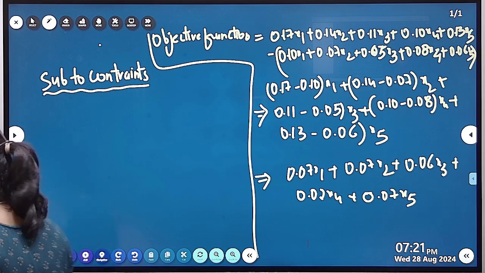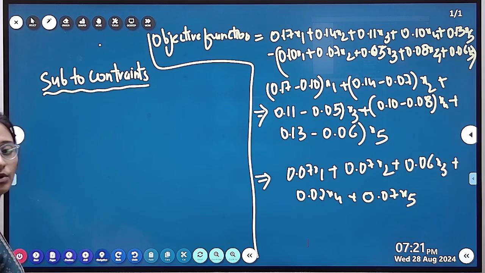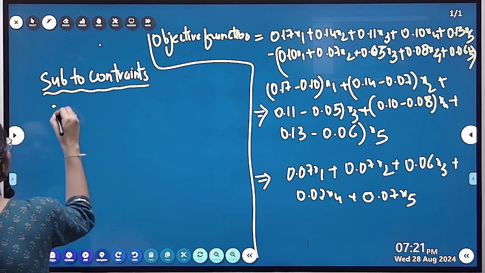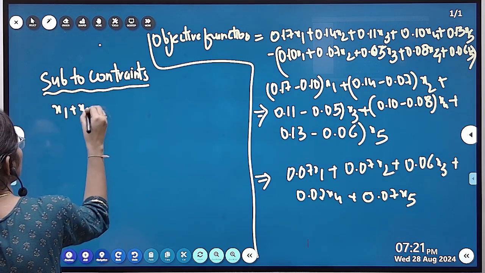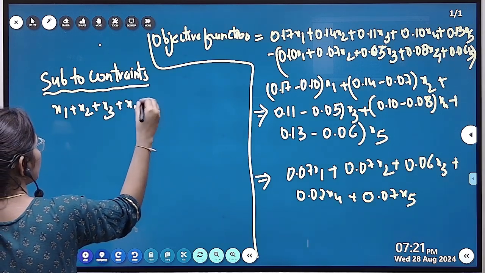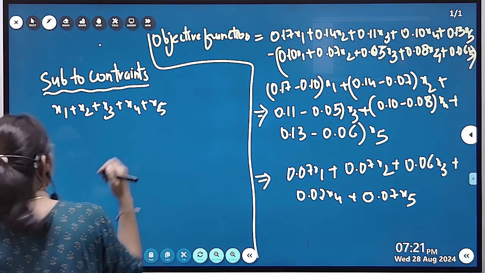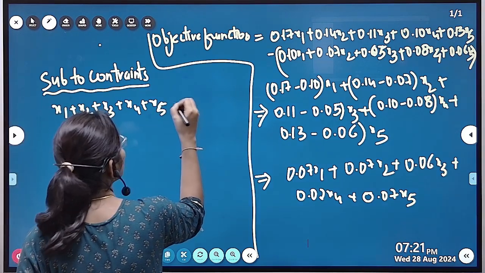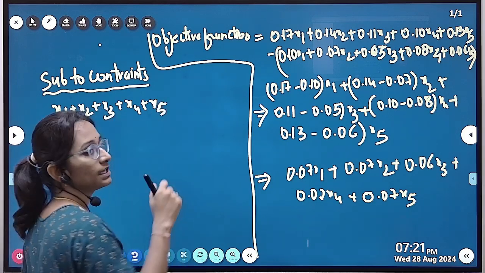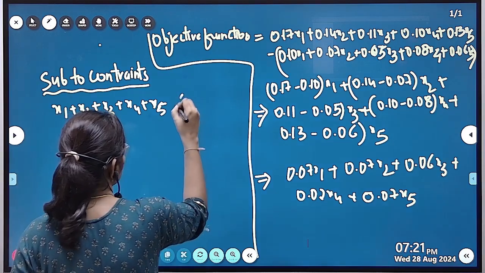That means the total x1, x2, x3, x4 and x5 should not be more than 600 million. He is saying maximum. Maximum means should be what? Less than or greater than symbol? Less than, yes. 600, right?